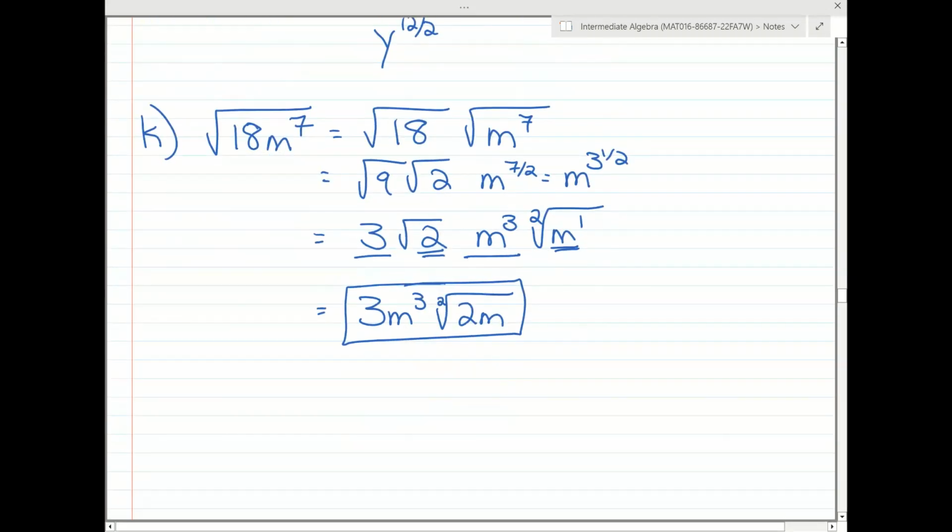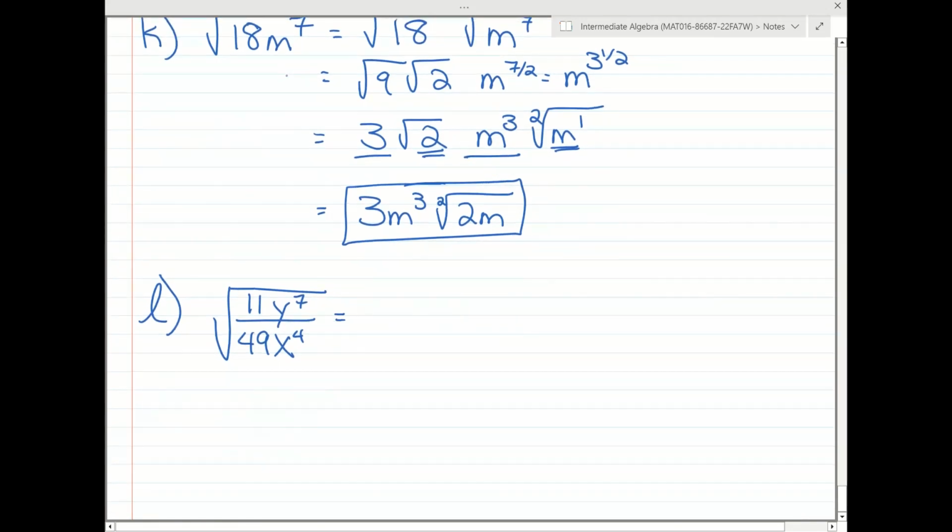One more problem tonight is the square root of 11y to the 7th divided by 49x to the 4th. This is really 4 problems in one.